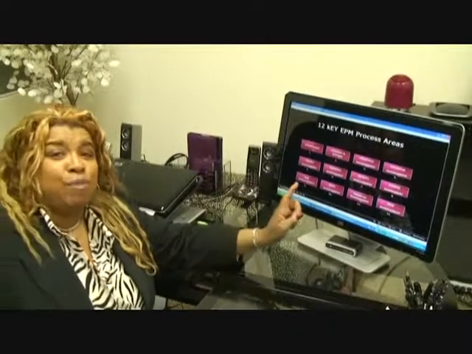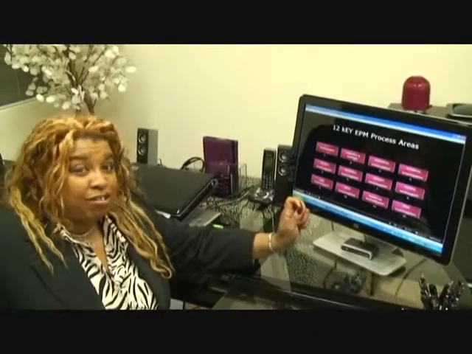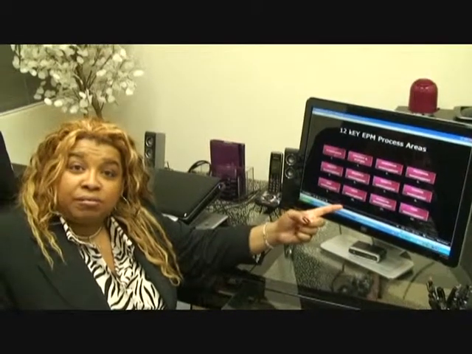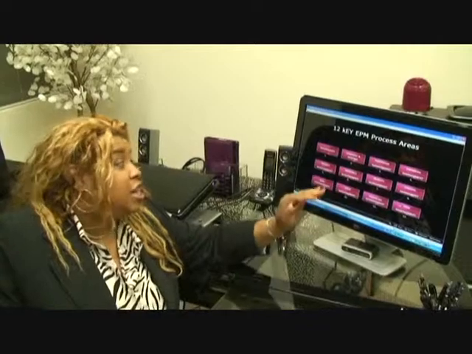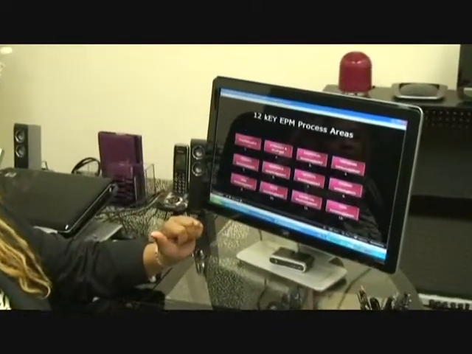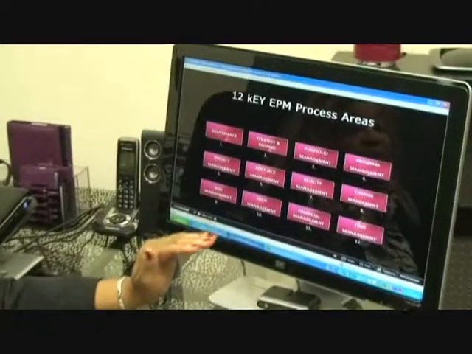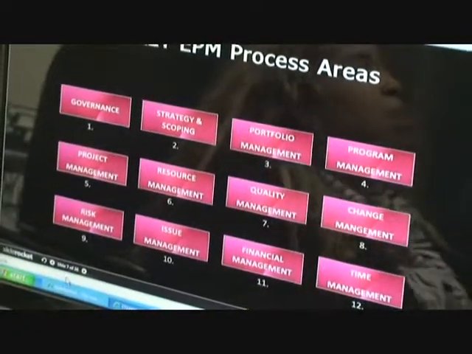You'll hear such a big term about that, and that is very key to your business as well. Program management. That's needed. Your project management, resource management, quality, change, risk, issue, financial, and time. We also add vendor management. In the event you need vendor management, we will combine issue and risk. So let's talk about that today. What do we do?